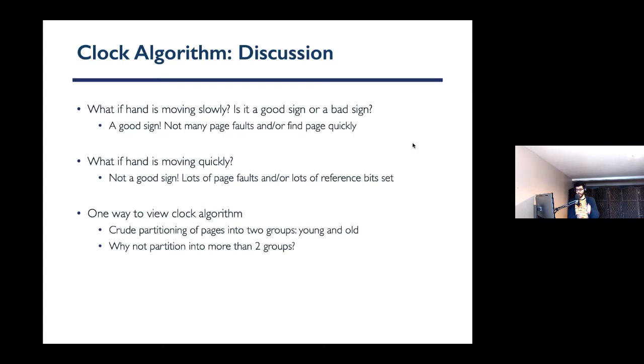With the clock algorithm, you're saying just two classes. The ones that have been accessed recently, I don't care, and the ones that haven't been accessed for a long time. And then I'm going to choose one victim among those that haven't been accessed in the past.